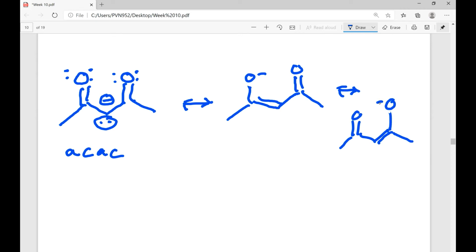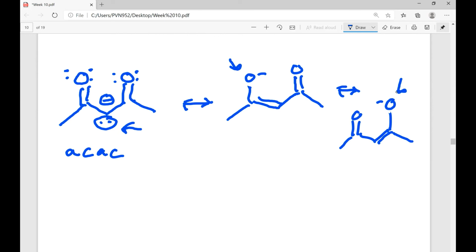And like the acetate ligand, we can think about this as a delocalized charge around the two oxygens and even the carbon, because if we have a negative charge here on the carbon, negative charge on the oxygen, negative charge on the oxygen like this.